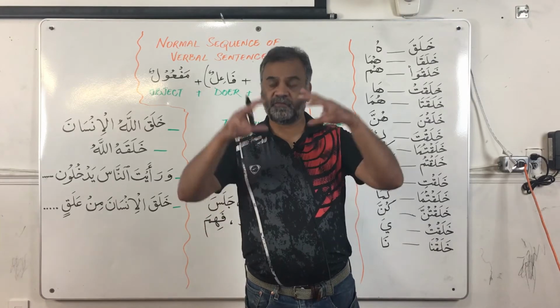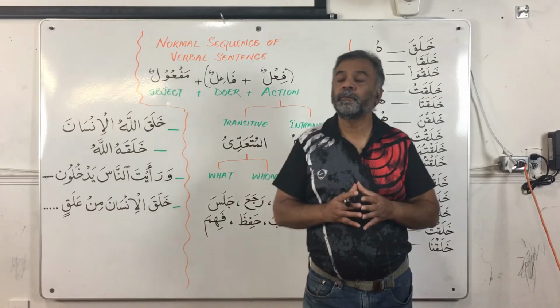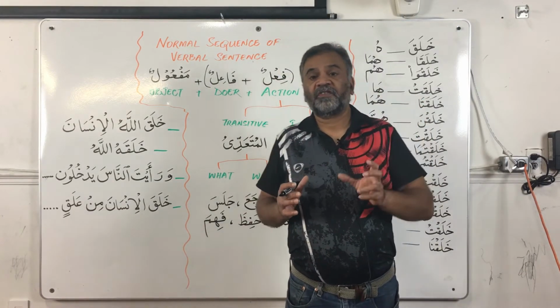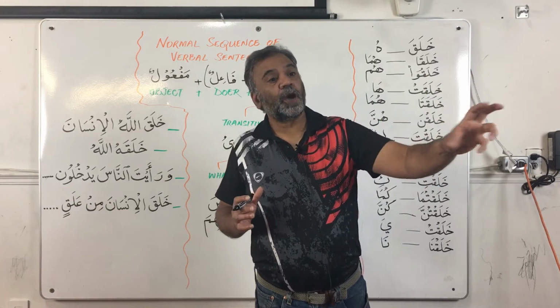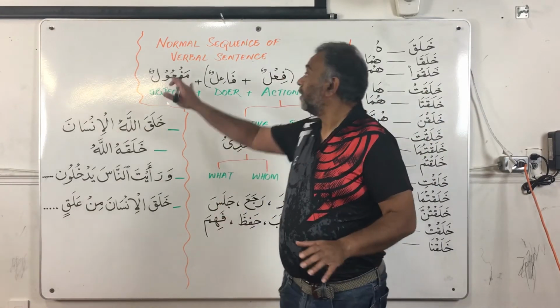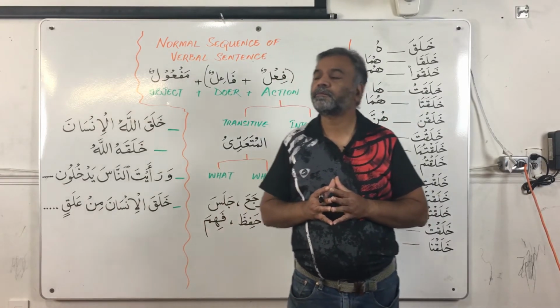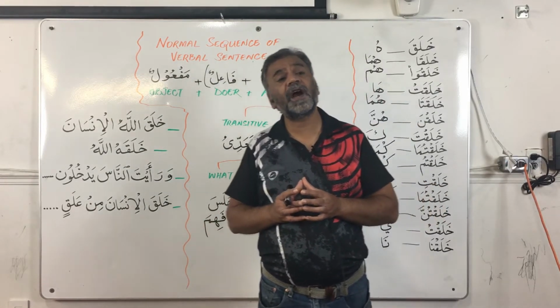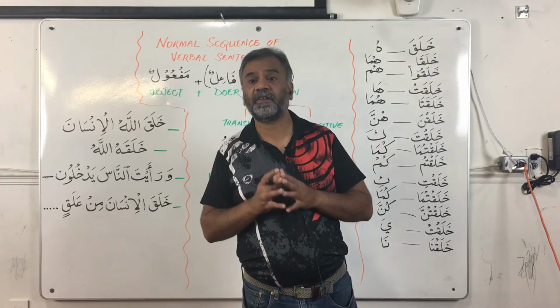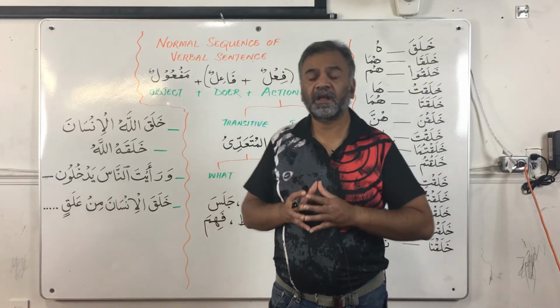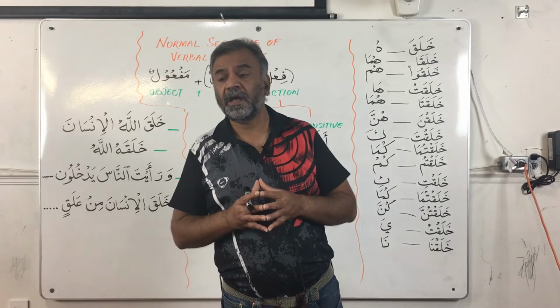This is for us to understand. If it is transitive, then it requires an object, the maf'ul, or we call it maf'ulun bihi. How do we identify a verb as transitive or intransitive? That is the main concept.